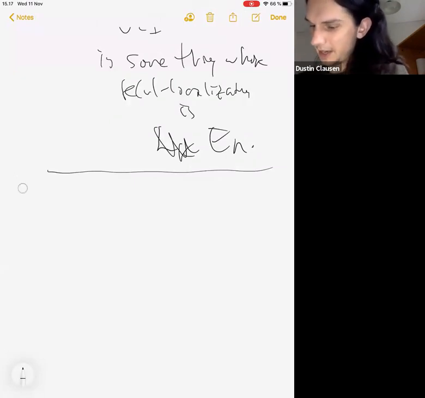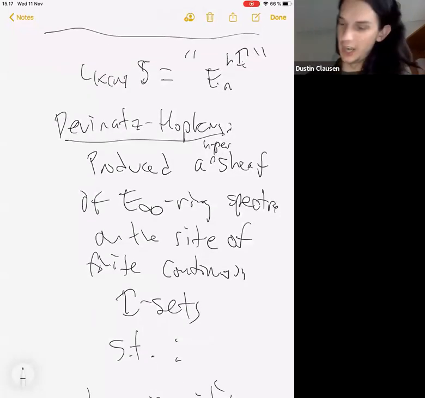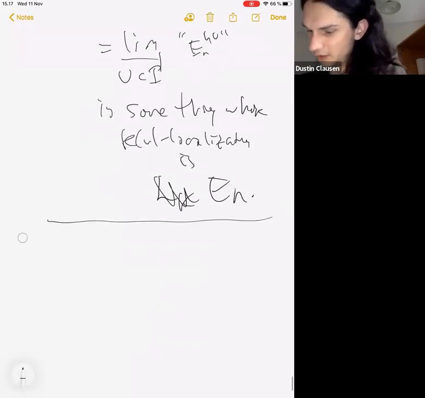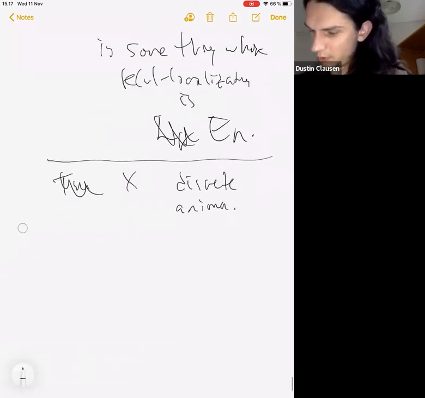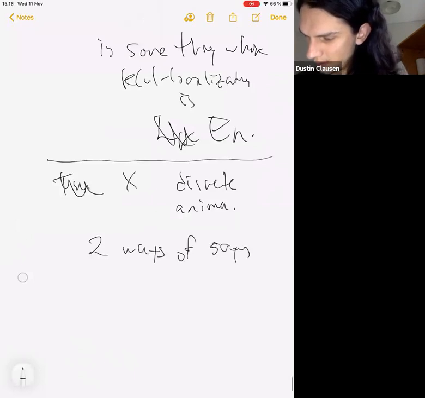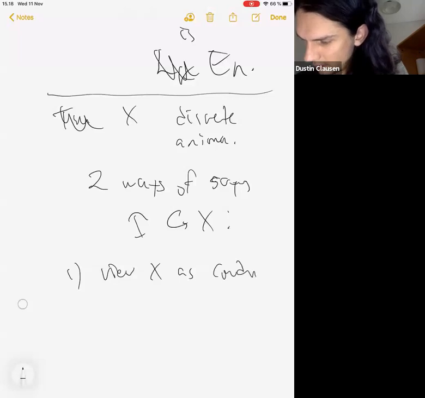So then let's step back a second and we can ask, what is the relationship between the two ways of encoding a G action, or a Gamma action? So let's say that X is a discrete spectrum, or a discrete anima even. So two ways of saying Gamma acts on X. Well, one would be to view X as condensed, and take what we discussed.